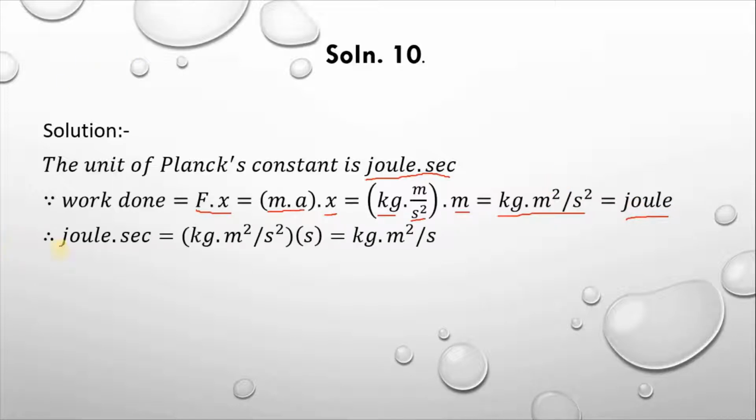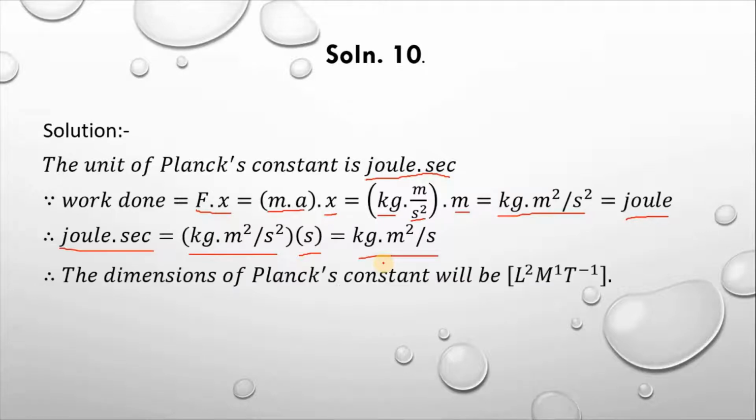So now we can write our joule second as kilogram meter square per second square multiplied by second. This will give you kilogram meter square per second as the unit of joule second. From there, the dimensions of Planck's constant can be written as L2, M1 and T minus 1.